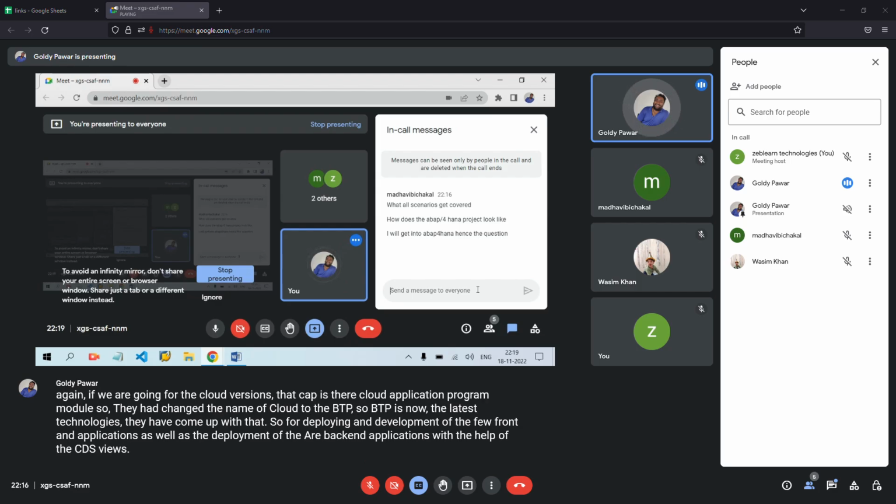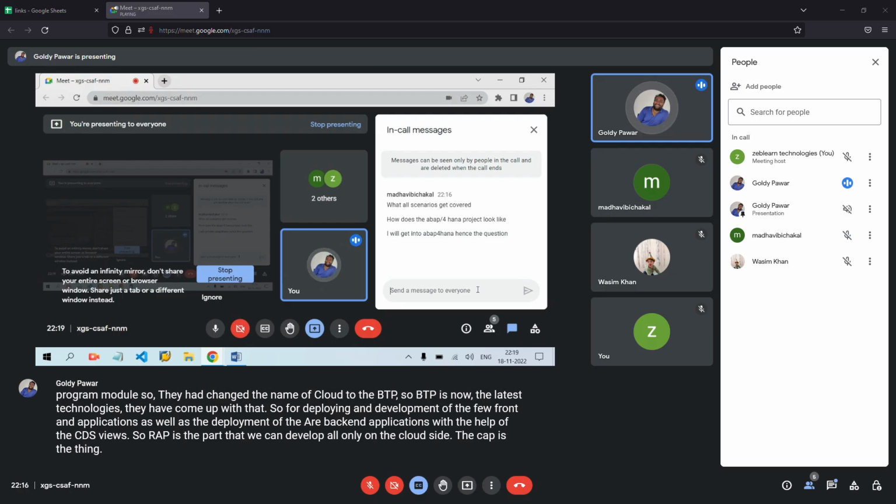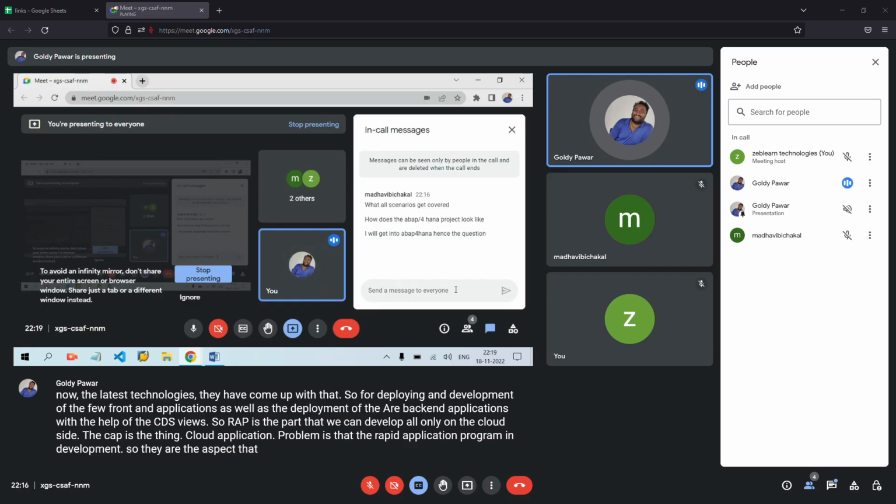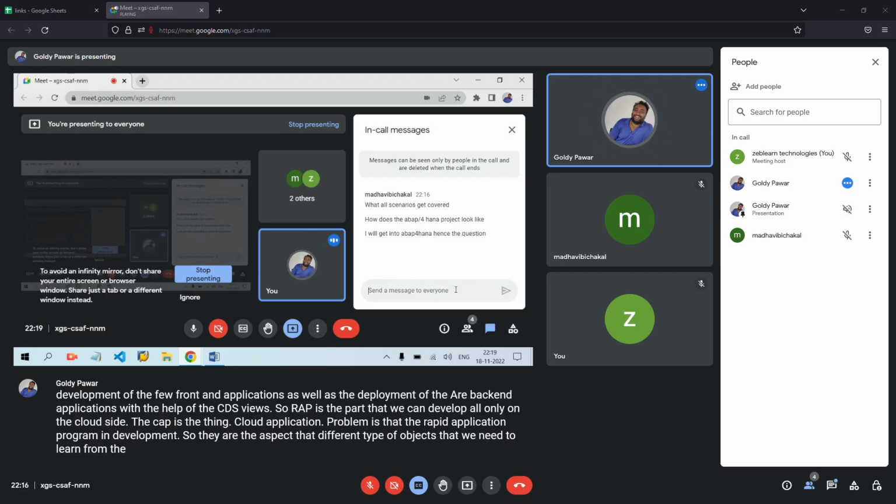So RAP is the part that we can develop only on the cloud side. The CAP is the Cloud Application Programming, and RAP is the Rapid Application Programming development. So these are the different types of objects that we need to learn from the greenfield implementation side.